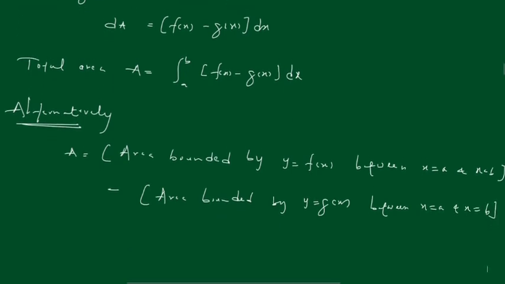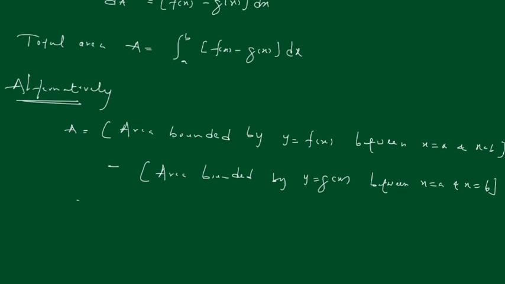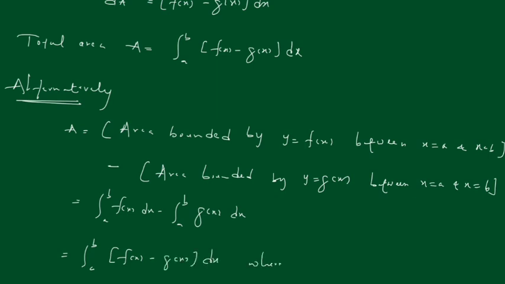Which can be written as the integral from a to b of f of x dx minus the integral from a to b of g of x dx, right? So we can write it as the integral from a to b of f of x minus g of x dx, where f of x must be greater than g of x in the closed interval a comma b. Got it?